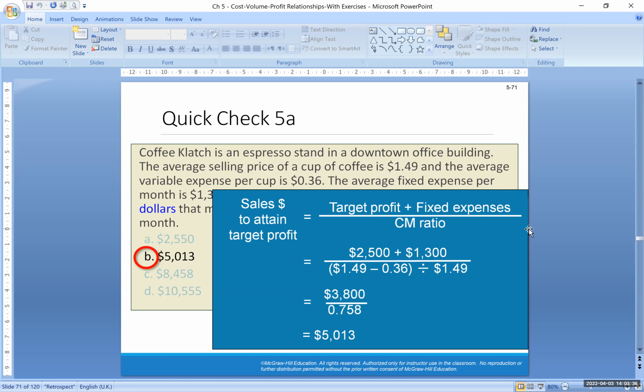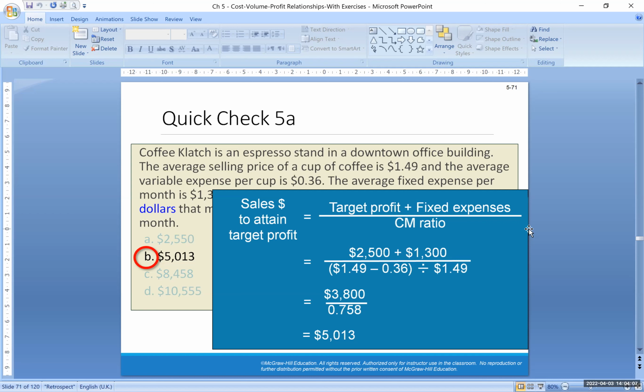Look at the answer. Sales dollars, or the total of sales to attain the target profit, is equal to target profit plus fixed expenses, all divided by the CM ratio. 2,500 plus 1,300, all divided by the ratio. The ratio is calculated from price 1.49 minus variable 0.36, all divided by the price again, 1.49.